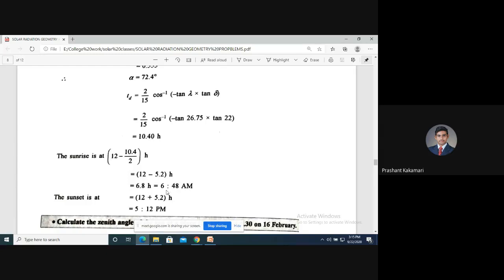Just check these times, whether you are getting 6.8 or whatever value is there. From that you can convert it into AM or PM values. For 6.8, you can divide the 0.8 of the 1 hour into 8 parts, or into some other number of parts, like 10.